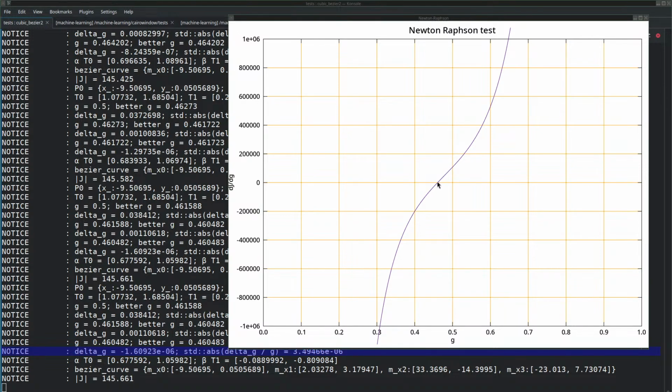So we must go to the right if, of course, we are on the left of the zero, and we must go to the left if we are on the right of the zero. And then the reason is that exactly at that point the sign of the first derivative changes, while the second derivative doesn't change.